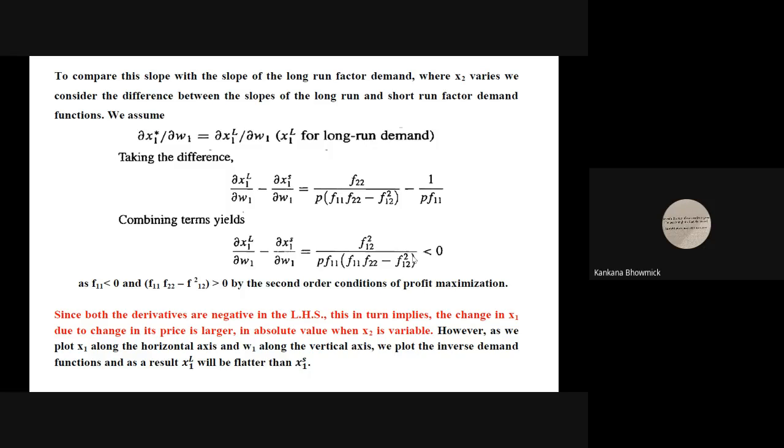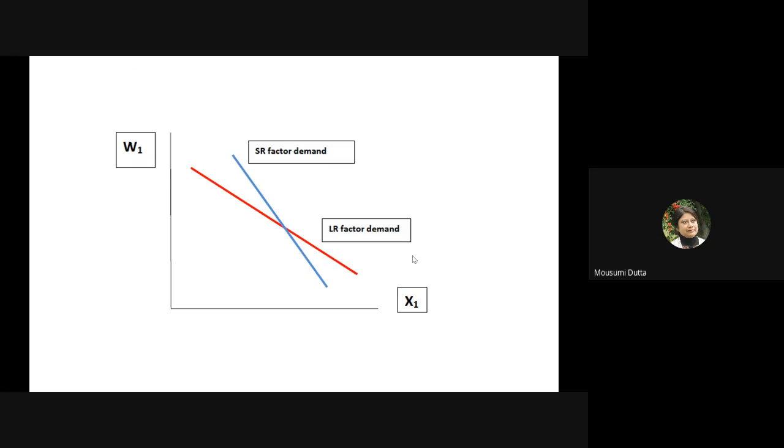Yes, ma'am. Thank you. Mathematically, we need that the long run factor demand should be steeper than that of the short run factor demand. However, we will plot the inverse factor demand curves. So we will have flatter long run factor demand and steeper short run factor demand curves. The diagram will be like this.